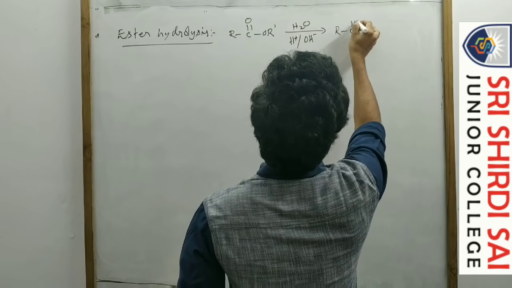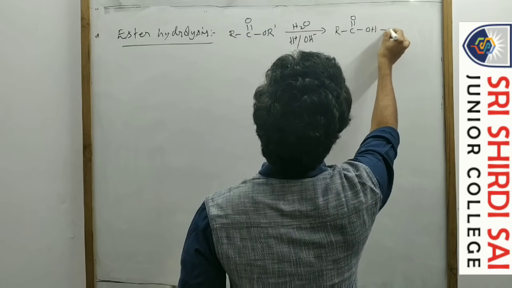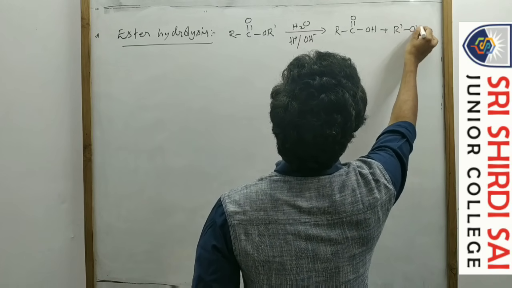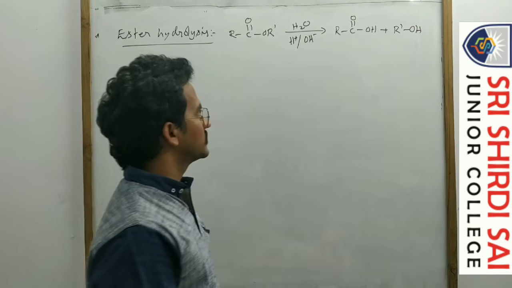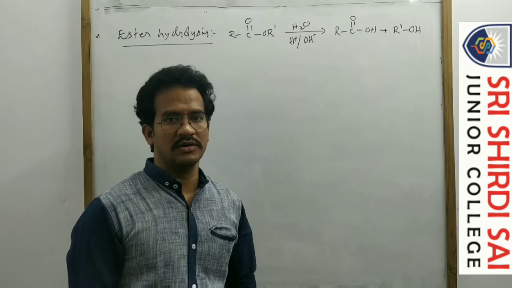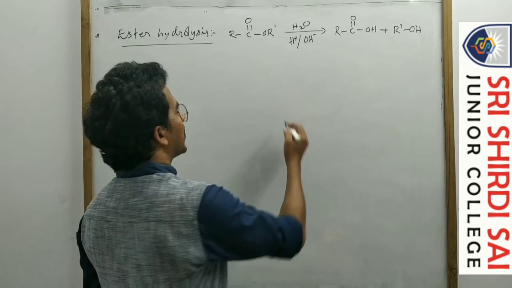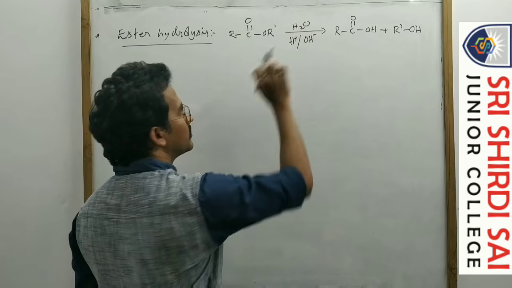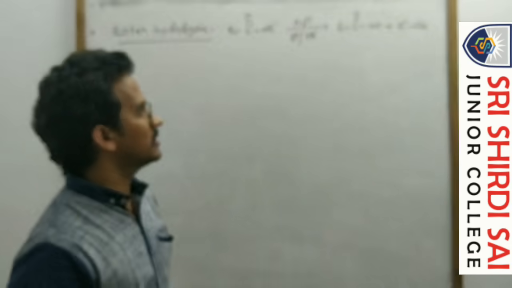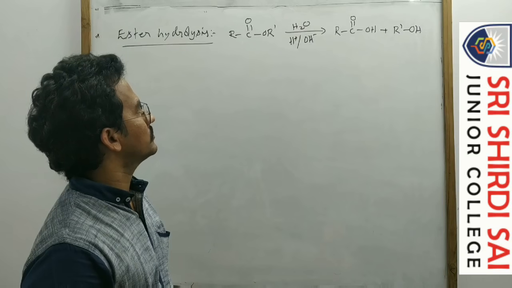Here this ester is converted to carboxylic acid and alcohol. In this case it is a dilute acid or dilute base.